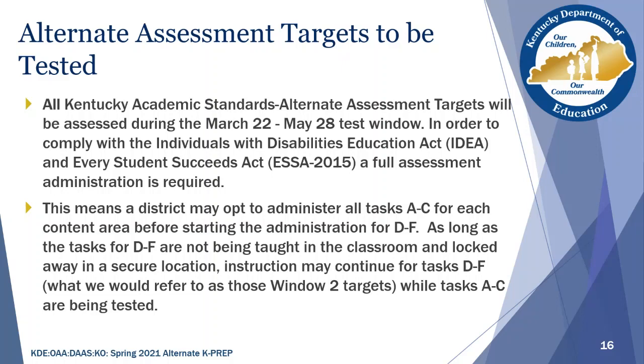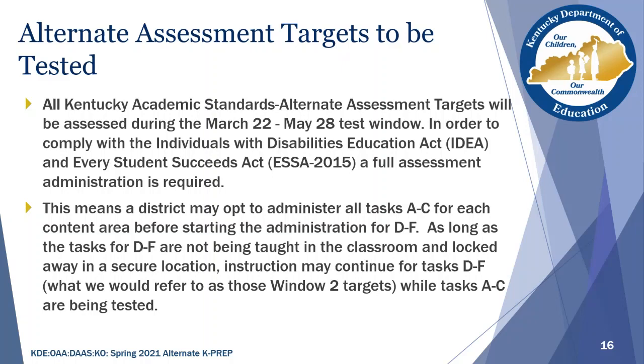Wanting to pay specific attention on slide 16, the second bullet shares how instruction may occur or may continue while the assessment is occurring. So I'm going to give you an example. If tasks A through C are being administered, so if those are the tasks that are being tested, then instruction for the standards represented in tasks D through F may continue.